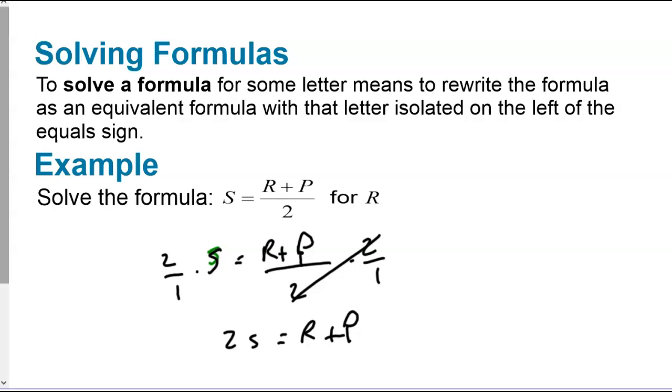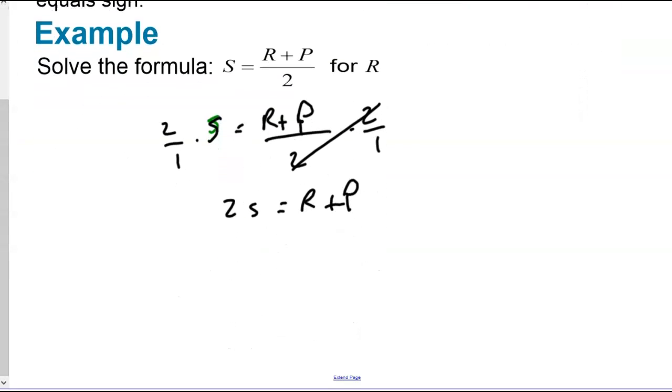And now remember, we're trying to get r, so we're going to go ahead and subtract p on this side. We'll subtract p on this side, and we end up with 2s minus p equals r. Now r is isolated and by itself, and so we've solved the formula looking for r.